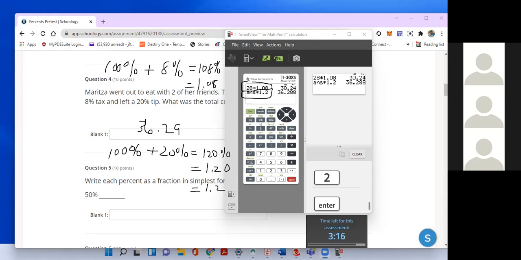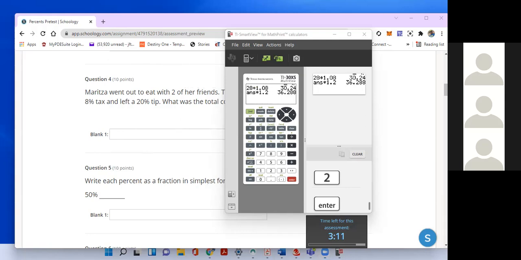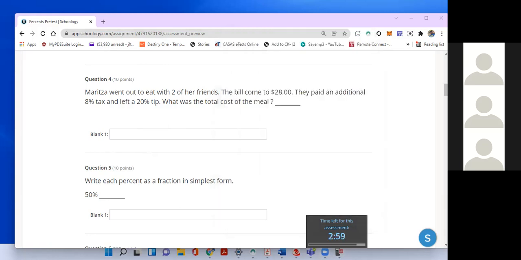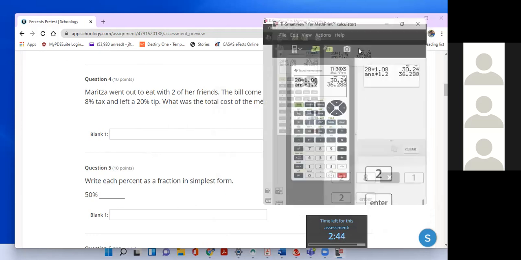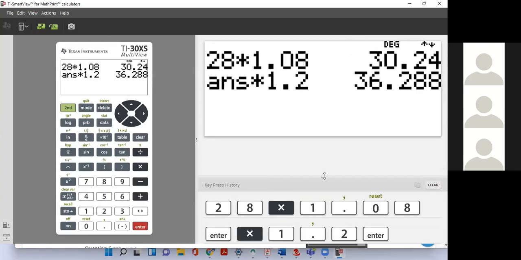Okay, because technically, the way that I would do this problem, which you're the teacher, I'm just telling you how my little mind works, is I would take the $28. I would add the 8% tip. So we did that. That would be 28 times 8% would be 2.24. So I would add 2.24 to the $28, and I get 30.24.